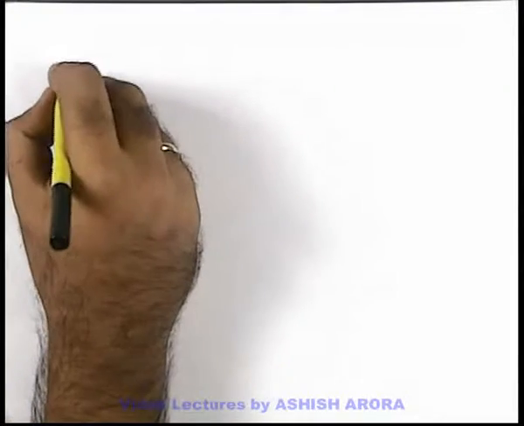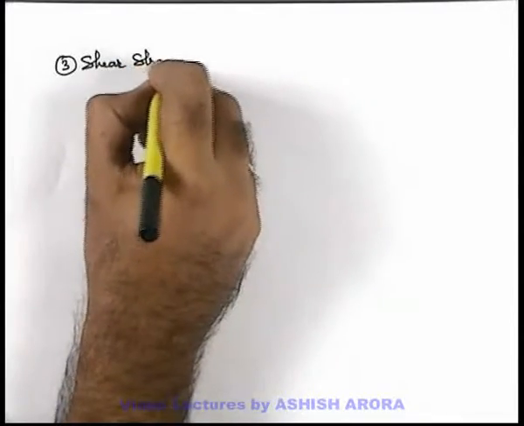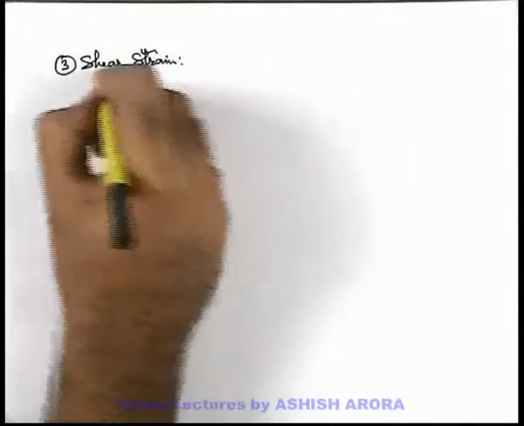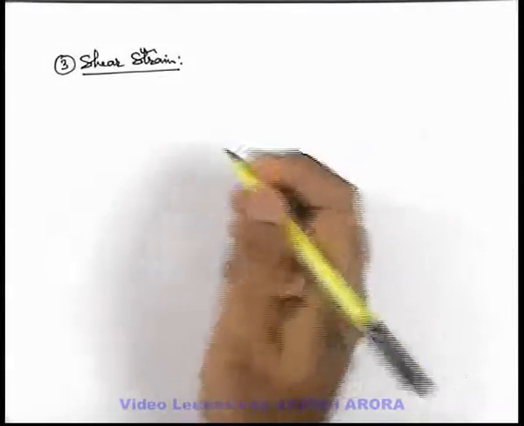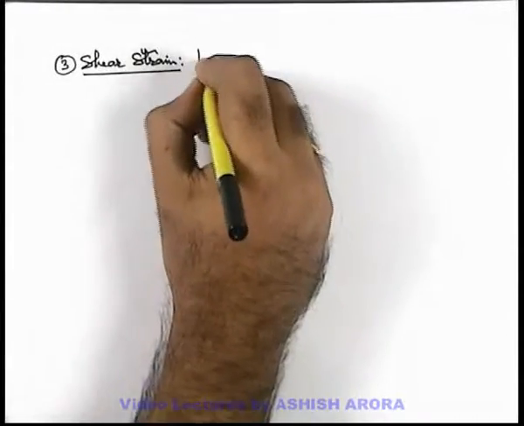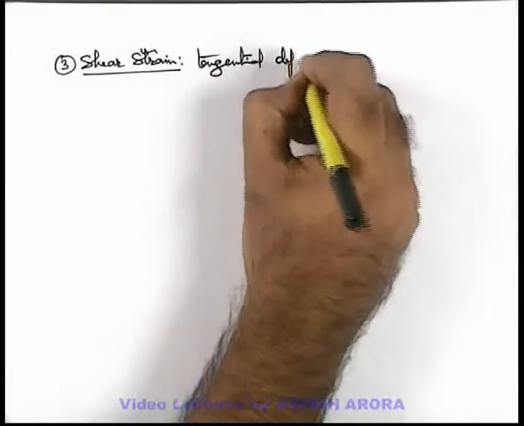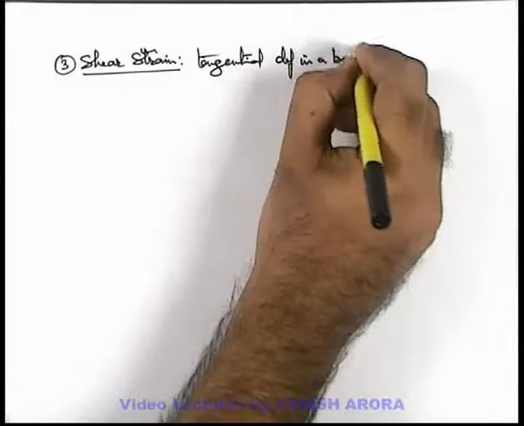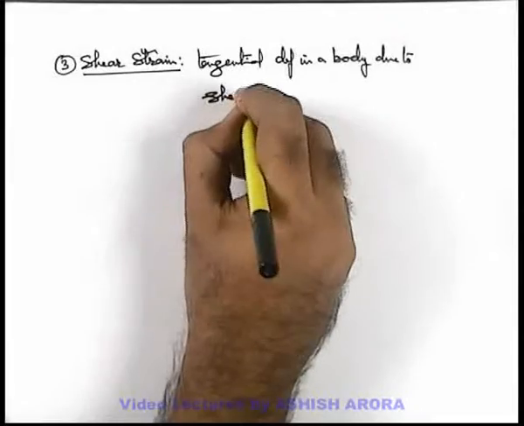Now the third type of strain is shear strain, which we have discussed in the previous section. It is deformation due to tangential force, so we can write it as the tangential deformation in a body due to shear stress.